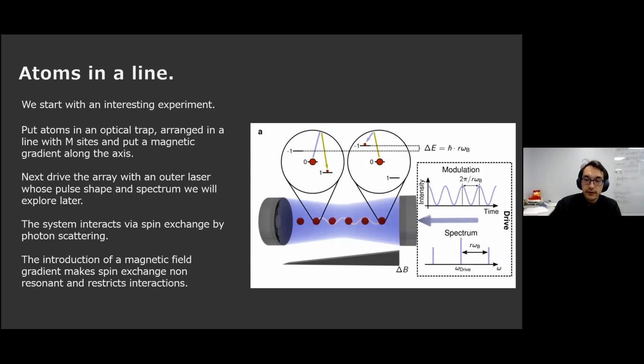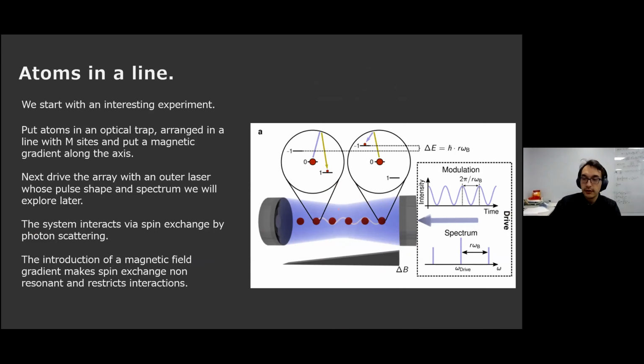So we'll start with a very interesting experiment. I know, please don't run away. The interesting math will come shortly. We put a string of atoms in a one-dimensional trap like this, where we have a driving laser represented by this sinusoid here that mediates interactions between them.